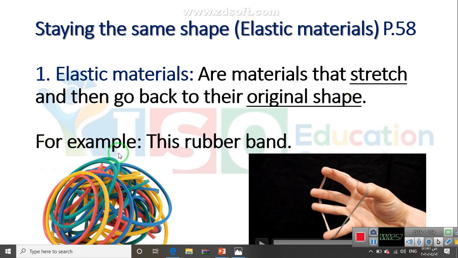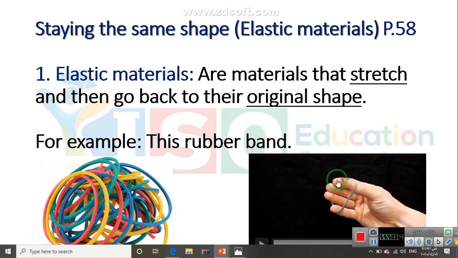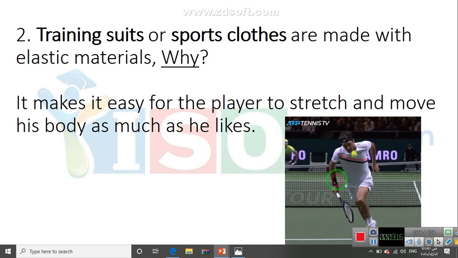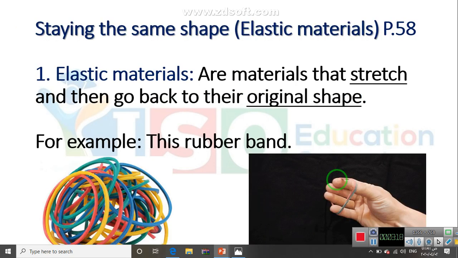For example, this rubber band. Can you see this rubber band? Look at the way it can stretch and go back to its original shape. Notice stretching and going back to its original shape.